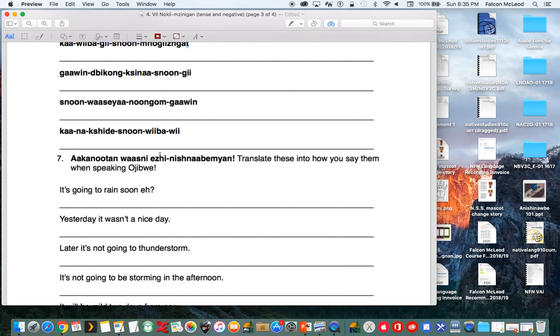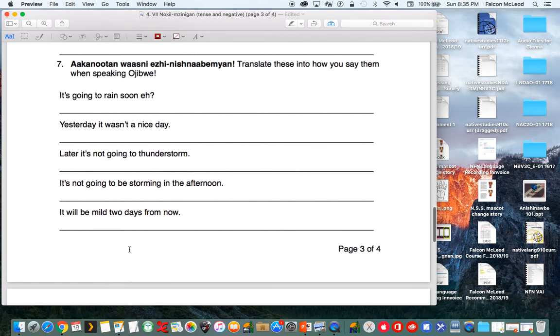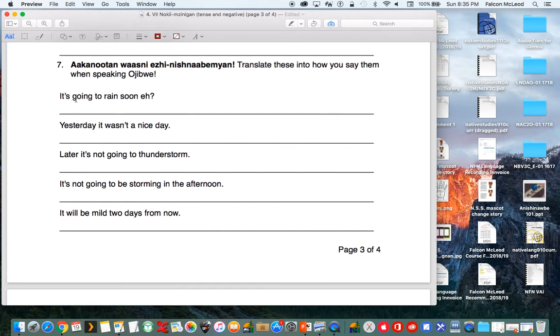So Akhenaten wasne Nishnaabemwin. Translate these into how you would say them when speaking Ojibwe. So we got some statements here and questions. So we got it's going to rain soon, eh? So talking about soon. So we know from earlier soon is weeba plus future tense.